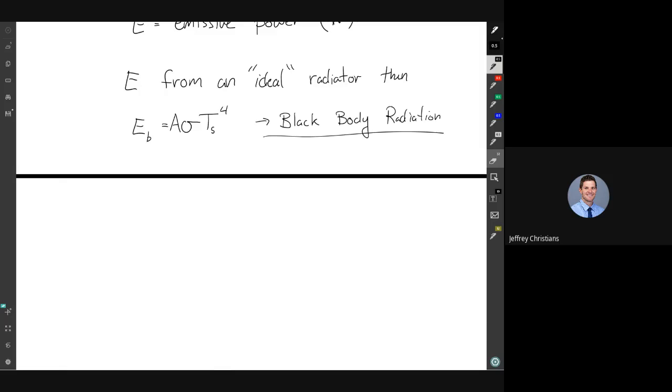Okay, so this is black body radiation. A is obviously the area. Sigma is the Boltzmann constant, which is one of my favorite physical constants for simply this reason.